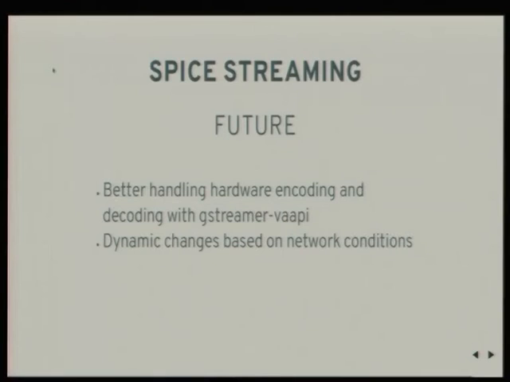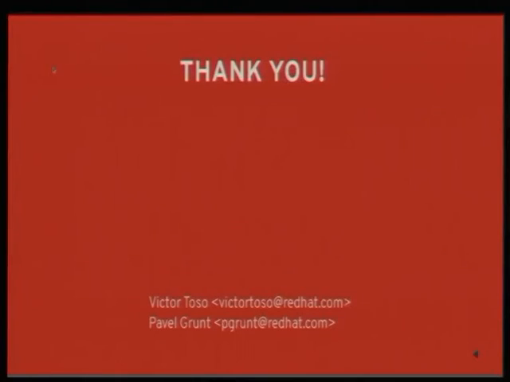Let's say you're connected to a remote desktop, you're in a call there, but your network flow changes and the bandwidth is lowering. We might want to do dynamic changes on the flow, and we do have a way to do that, but it needs improvement. So basically, those are the main goals for the near future. And that's the whole thing about GStreamer with Spice integration.